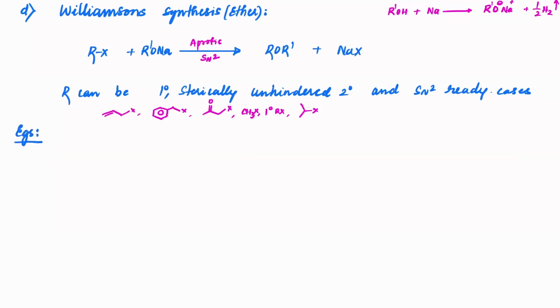Starting with the first one, see here, in case you have a simple ethyl bromide reacting with ethoxide, correct? So this will via SN2 give you diethyl ether, and an alkene.